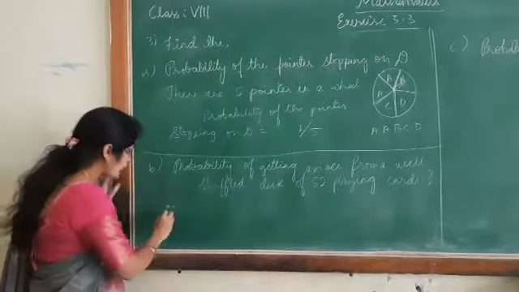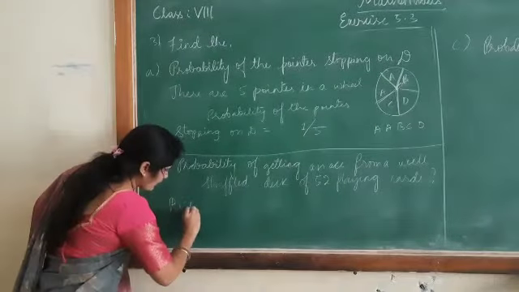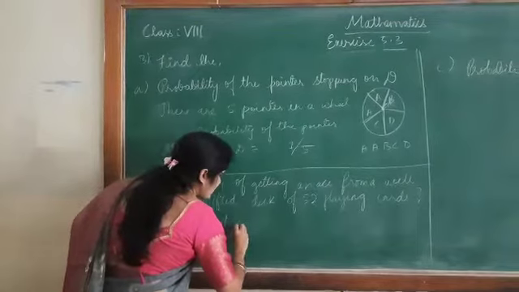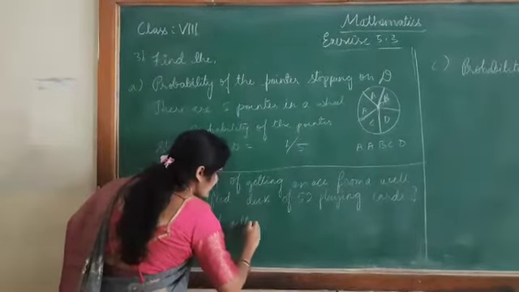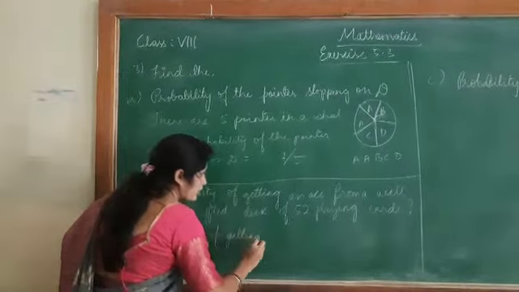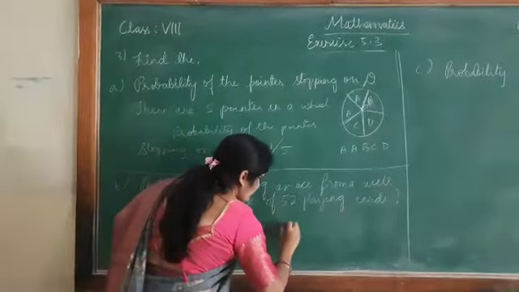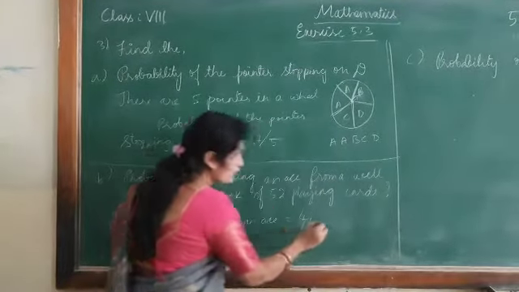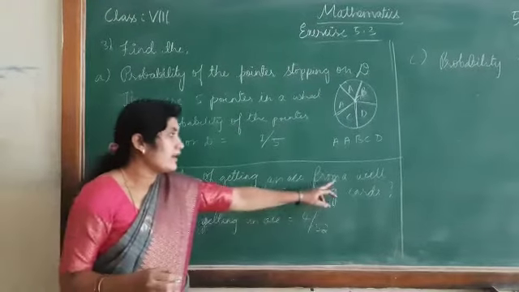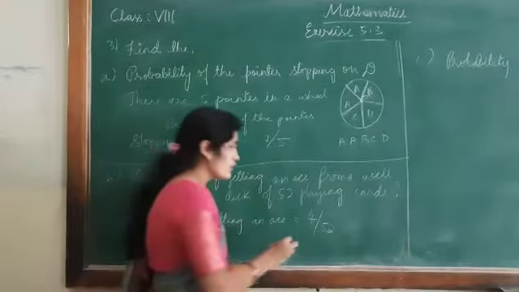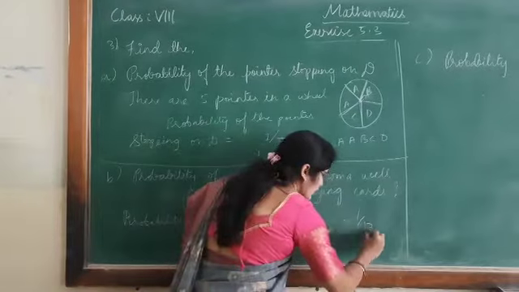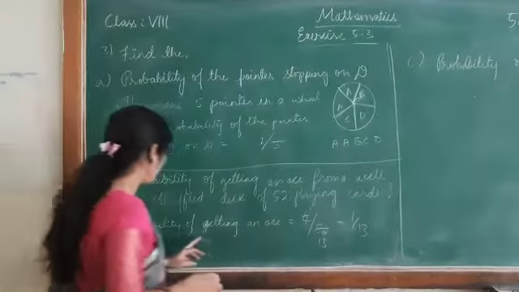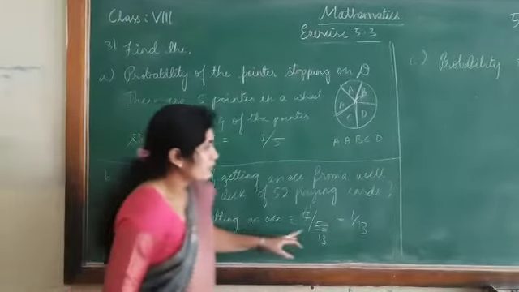So probability of getting an ace is equal to 4 by 52. Total number of cards are 52, and in that ace cards are only 4. So this is 1 by 13. 4 ones are 4, 13. 1 by 13 is the probability of getting an ace in a card.